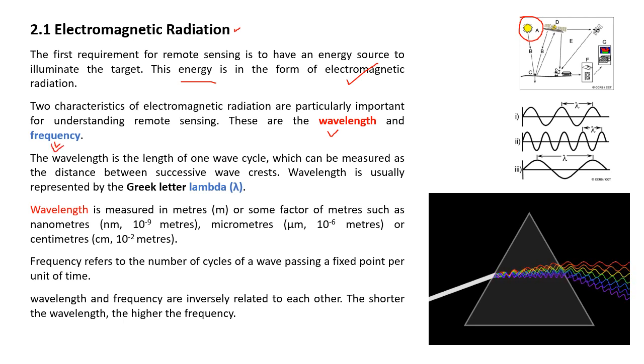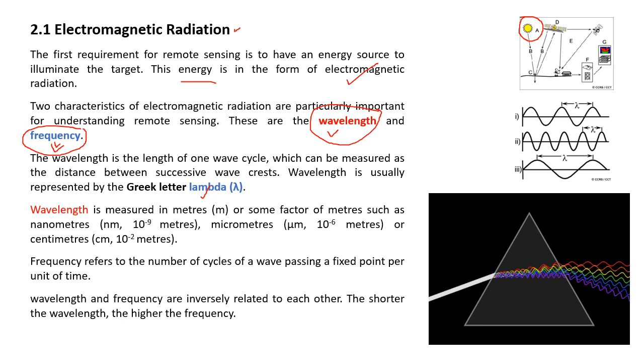In remote sensing, what is important is the wavelength. The wavelength bands were assigned based on the wavelength from this length to this length here. So this wavelength is denoted by lambda.